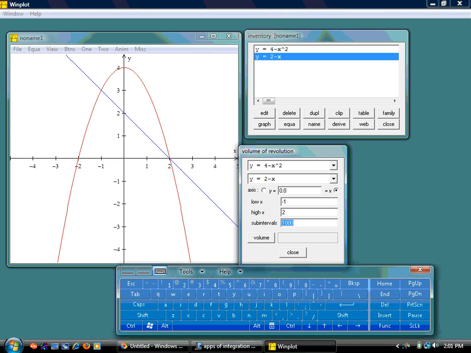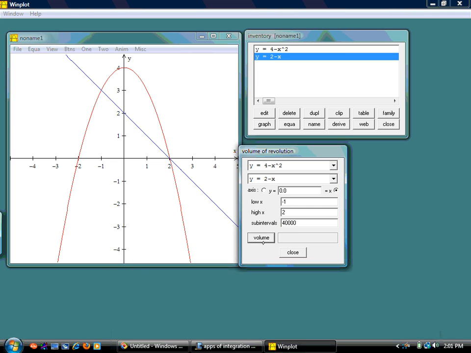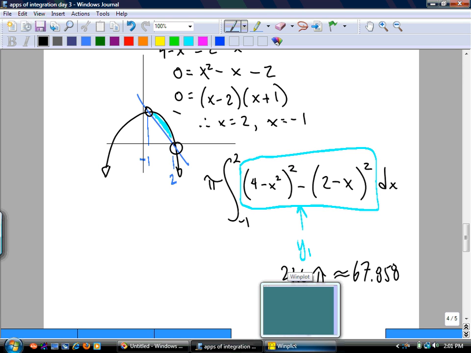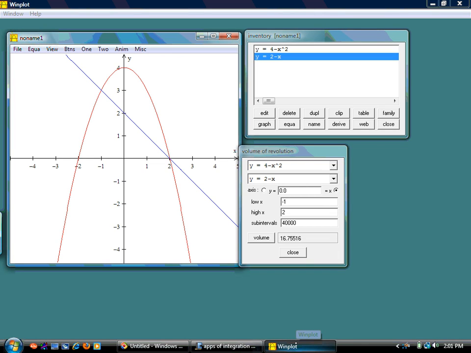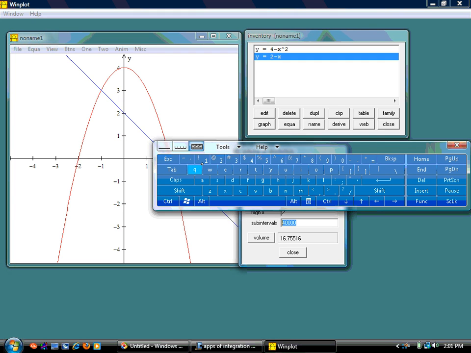The volume, are we doing that? That's too big. There it is. Did I type anything wrong? X-axis, y-axis. We have 4 minus x squared.